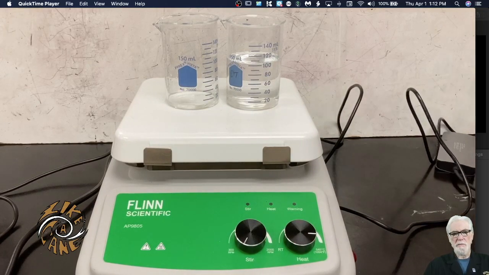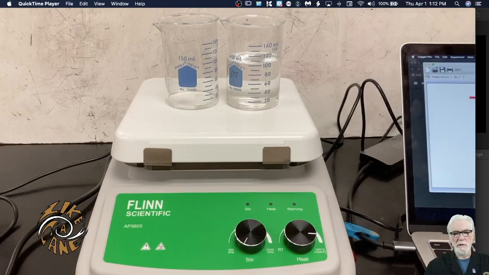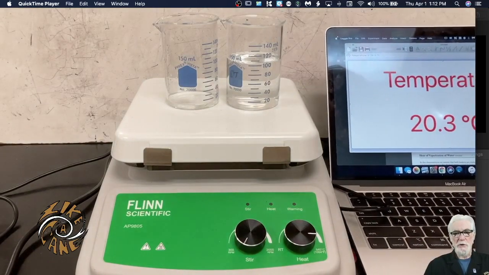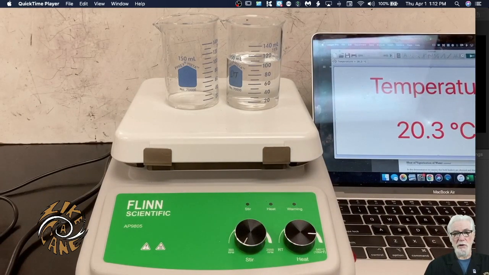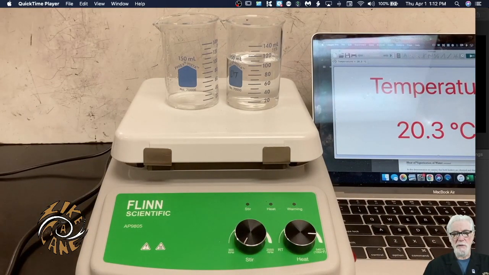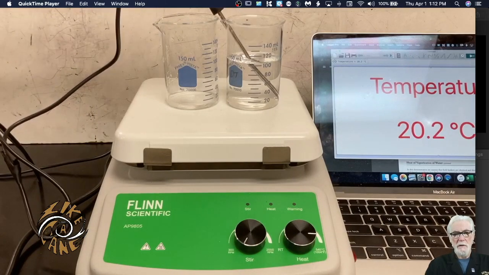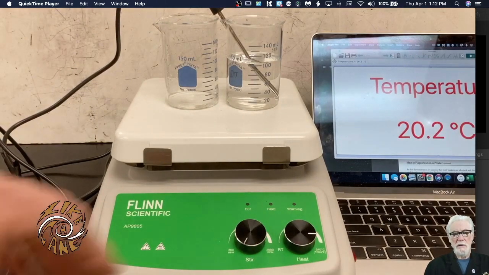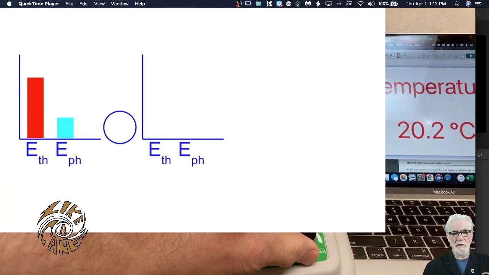And then I'm going to move my computer in here. This is attached to a temperature probe, and the temperature probe is going to be able to measure the temperature of the larger amount of water. So that's going to be on the screen so we can keep track of that.